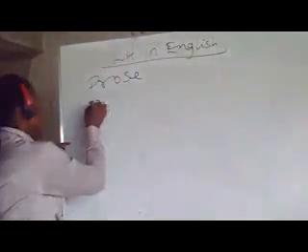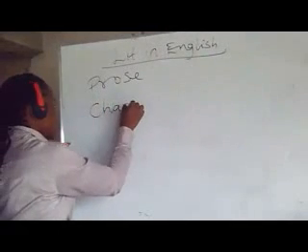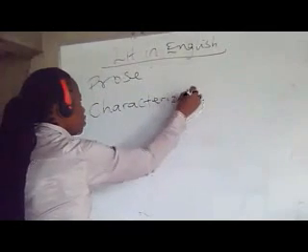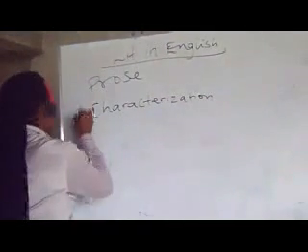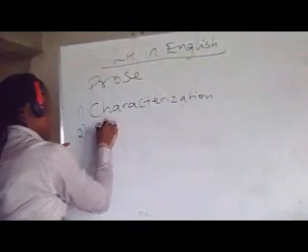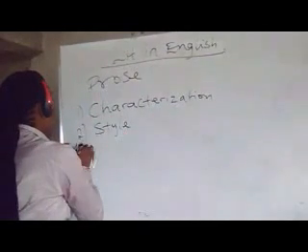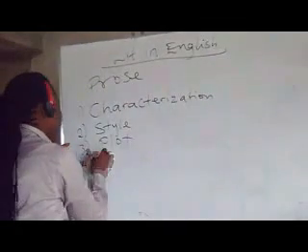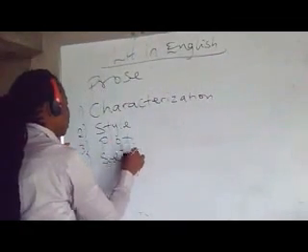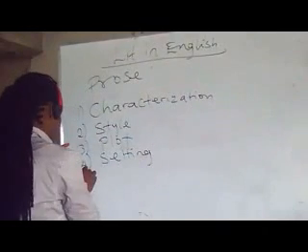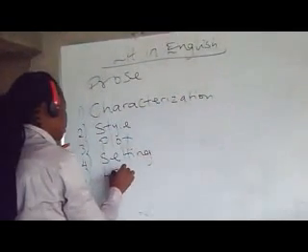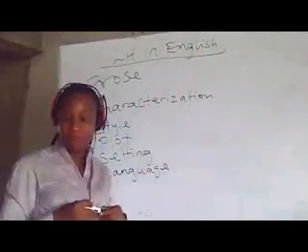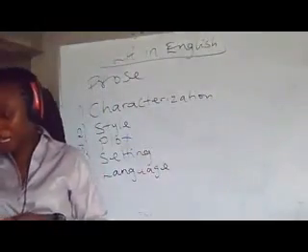Now, there are features of prose. One, we have characterization. We have the style, we have the plot, we have the setting, and then we have the language. Now, what do we mean by characterization?